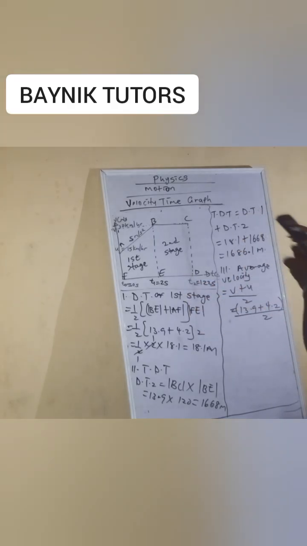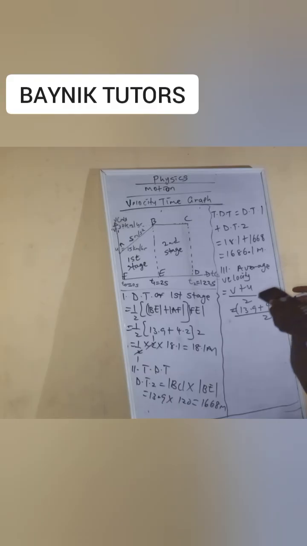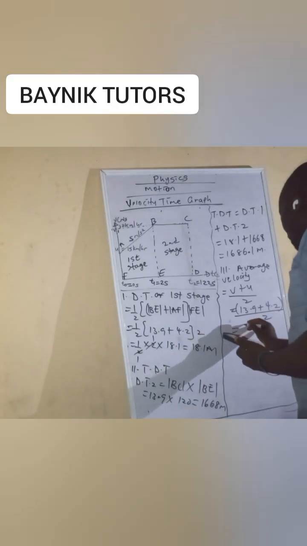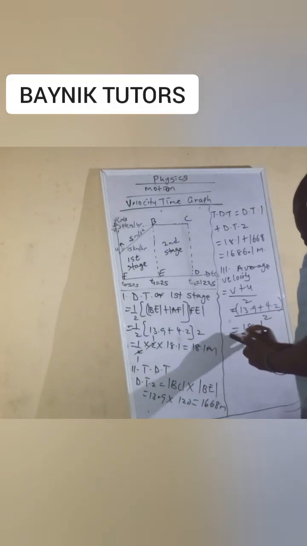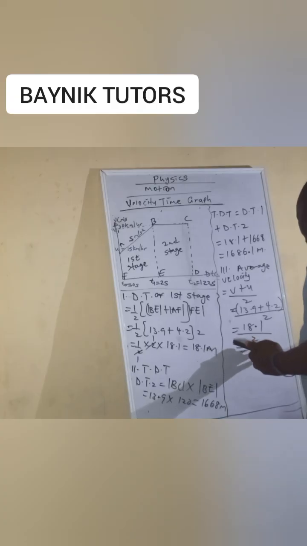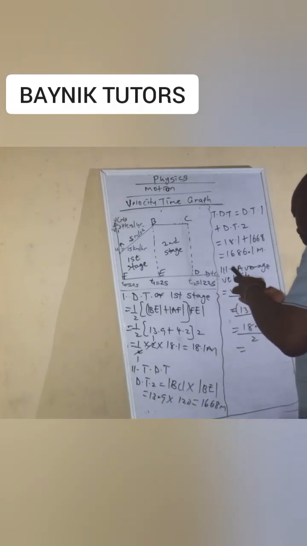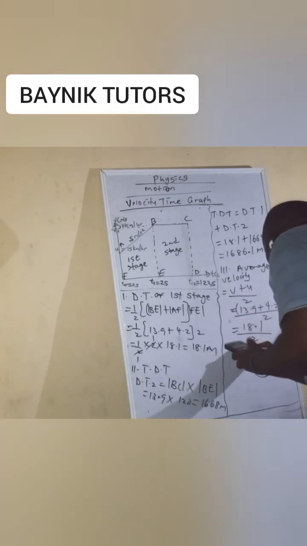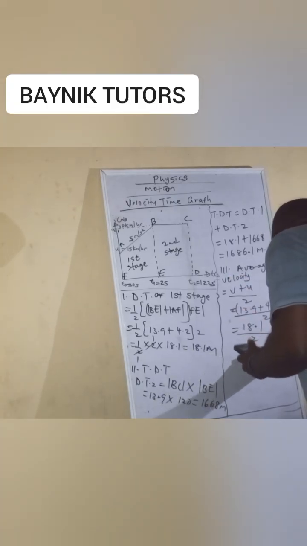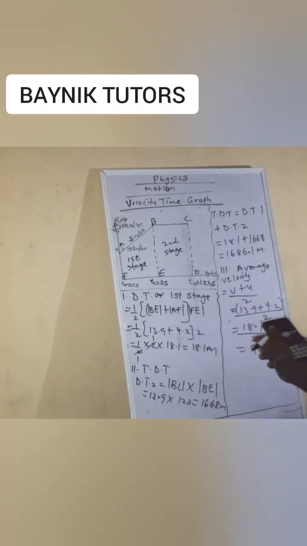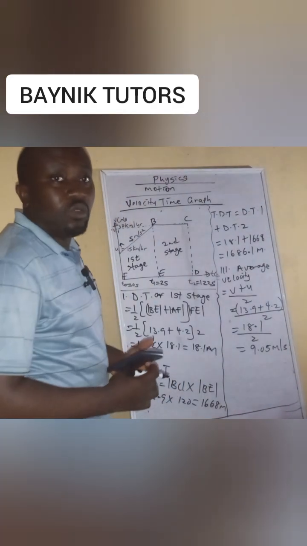That should be 18.1 divided by 2, which is 9.05 meters per second. So that would be the average velocity. So that's all as regards the topic. Thank you. God bless you.